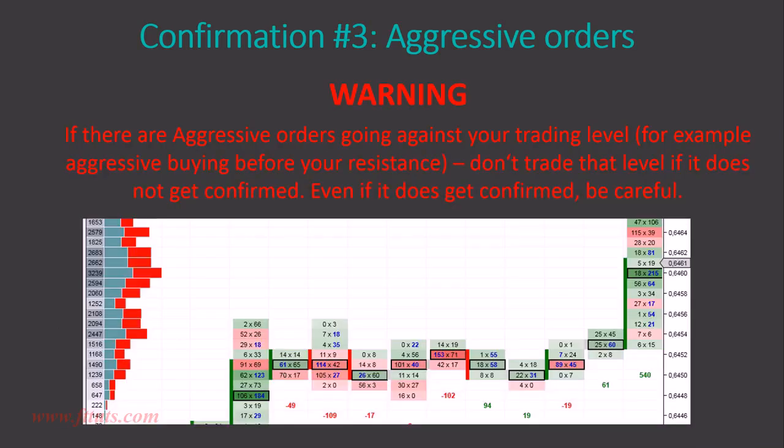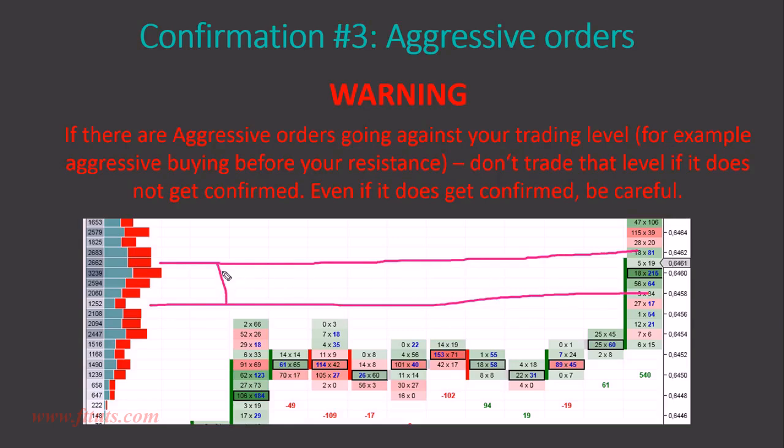Now there's also one more way how you can use the aggressive orders, and you can use them as a sort of warning. So imagine you have a resistance somewhere in here and you want to go short from there.